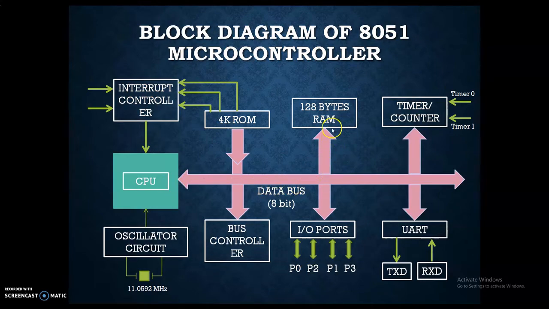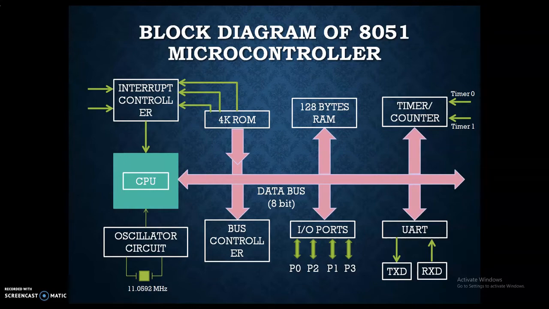Now we can see the CPU and RAM, that is the data bus is bidirectional. For timer counter and CPU, this is bidirectional. CPU and UART, this is bidirectional. Similarly, IO ports and bus controllers, those are all bidirectional, except this ROM. As we know, ROM is read-only memory. So the CPU can only read from ROM.